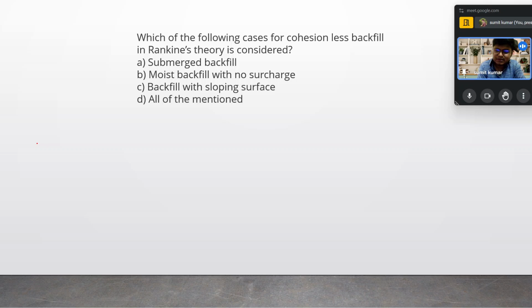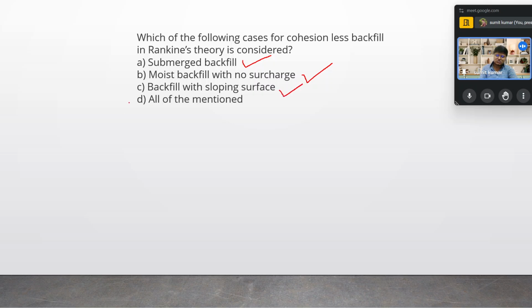The next question says: which of the following cases of cohesionless backfill is considered in the Rankine theory: submerged backfill, moist backfill with no surcharge, backfill with sloping surface, or all of the above. Our correct answer: submerged backfill is also correct, moist backfill with no surcharge is also correct, and backfill with sloping surface is also correct.